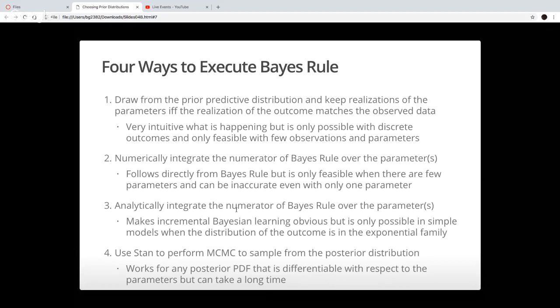The third approach that we've seen is to come up with the posterior PDF analytically by exploiting the fact that the prior is naturally conjugate with the likelihood. And so the posterior PDF is in the same family as the prior PDF, but with updated parameters that go into that distribution, like A star and B star, and you just figure out what A star and B star are.